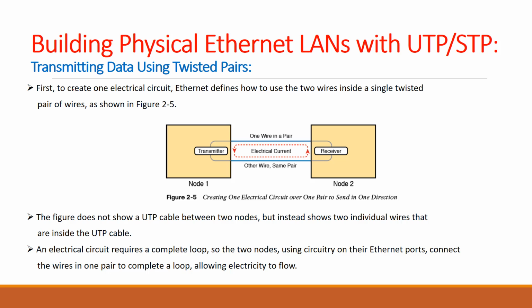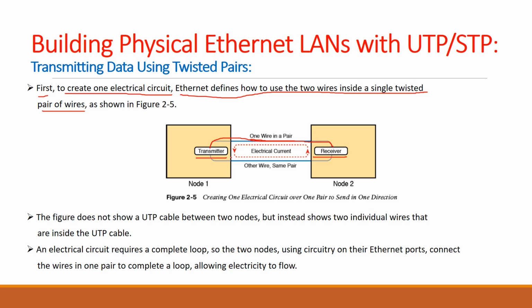So let's discuss transmitting data using twisted pair. First, to create one electrical circuit, Ethernet defines how to use two wires inside a single twisted pair of wires. As you can see in the figure, we have here a transmitter and a receiver. One wire from the pair is connected to the transmitter, and the other is connected to the receiver.